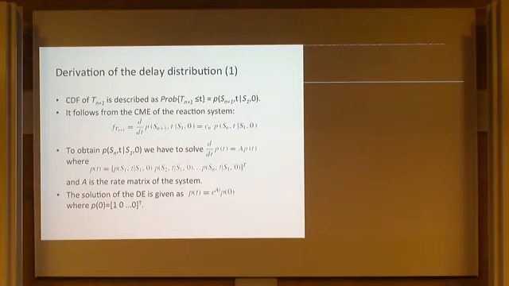And we already see here that what we are actually interested in is the last component. A is the rate matrix of our system, and obviously we already know the solution, which is simply the matrix exponential, so e to the A t times p naught.